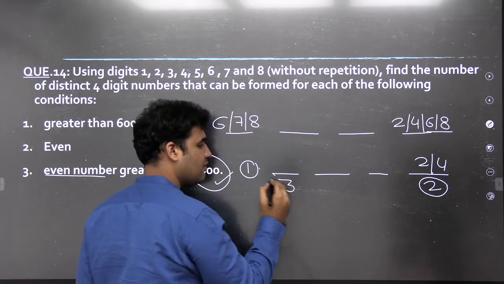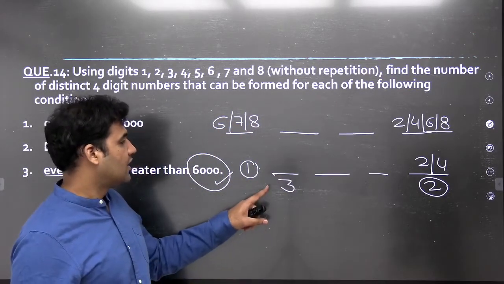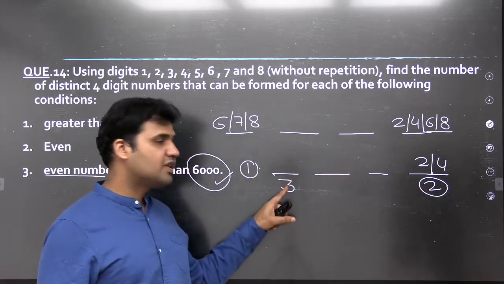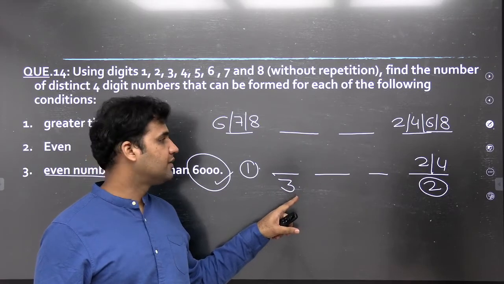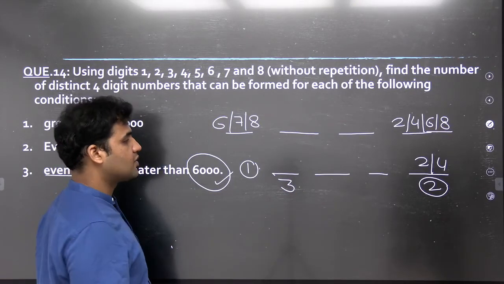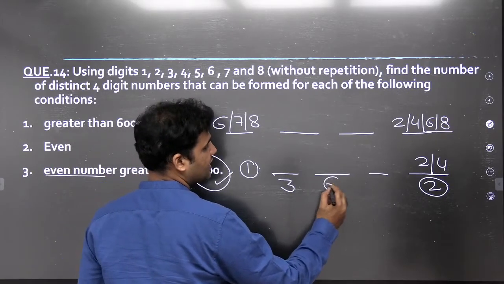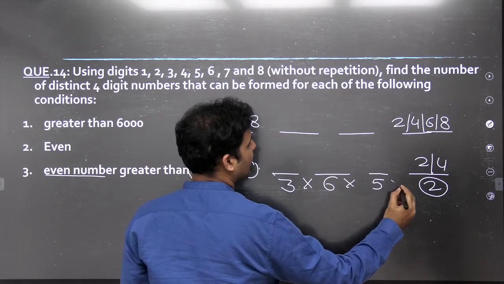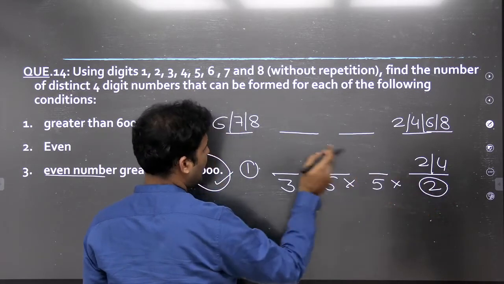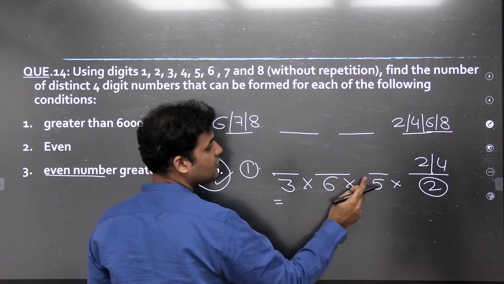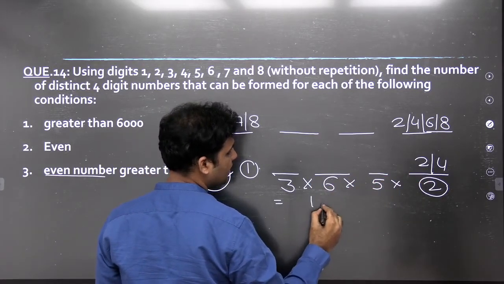So this place can be filled in 3 ways. Now out of 8 digits, 1 digit is placed here, 1 digit is placed here. I'm left with 6 more digits. So this place can be filled in 6 ways and this place can be filled in 5 ways. So the total numbers that will be even and also more than 6,000 will be 3 into 6, 18 into 5, 90, 90 into 2, 180.